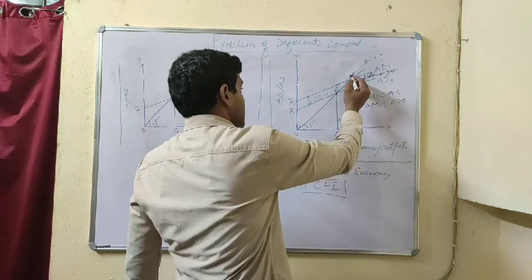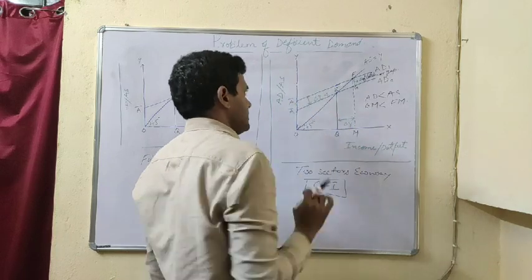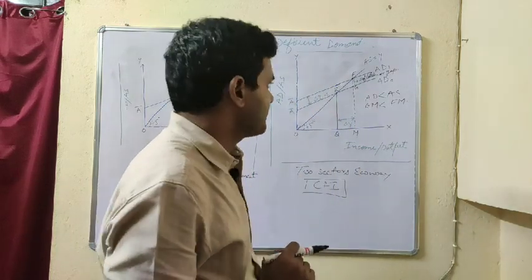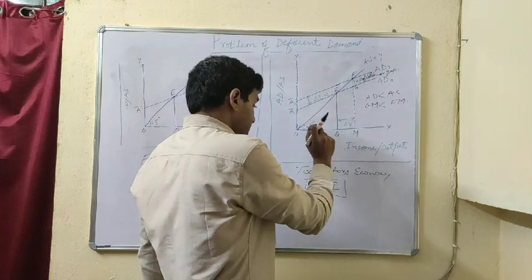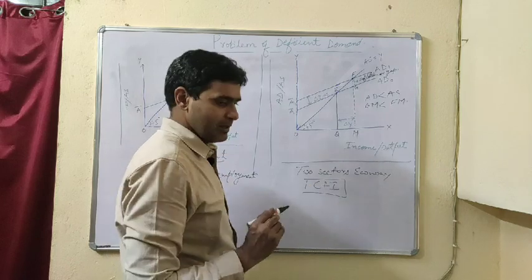Now it will intersect at point F, which will be the full employment equilibrium level of income and output. So we can correct this problem of deficient demand.